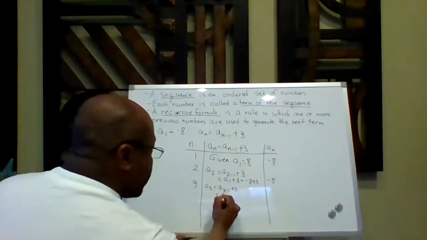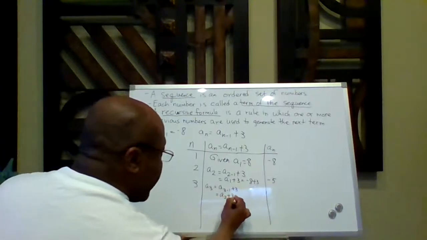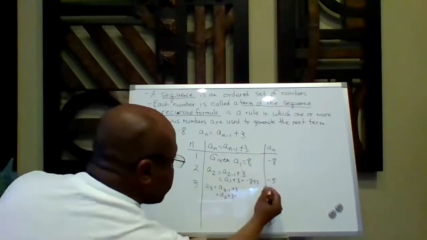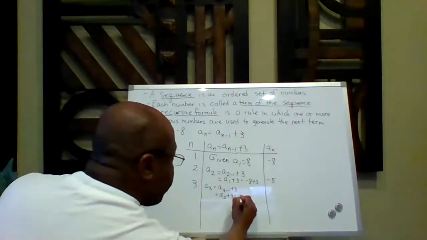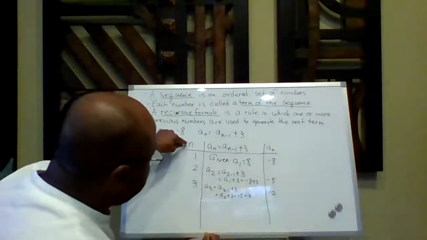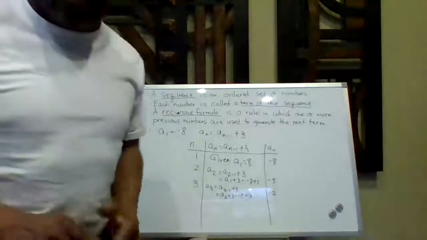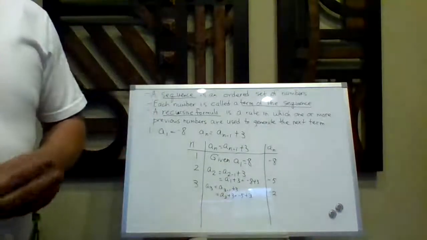So 3 minus 1 is 2. So now I'm looking at a sub 2 plus 3. A sub 2 yields -5. So we have -5 plus 3, which is -2. So now we know when n is 3, our result would be -2.